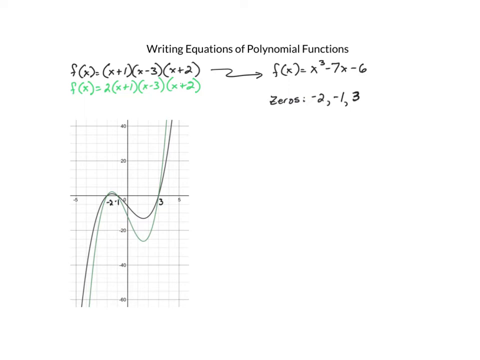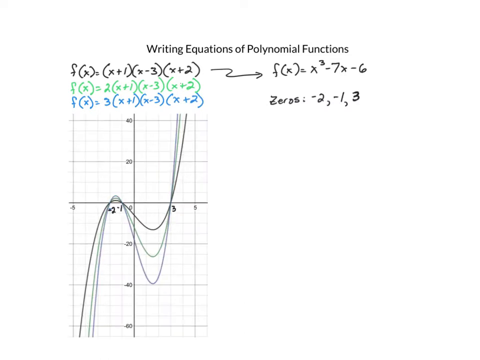Let's look at one more. Let's multiply the function by 3. So we'll have f of x equals 3 times (x + 1)(x - 3)(x + 2). And here's its graph. I hope you're not surprised by this. It has the same x-intercepts as our original function, but it has now been stretched by a magnitude of 3.